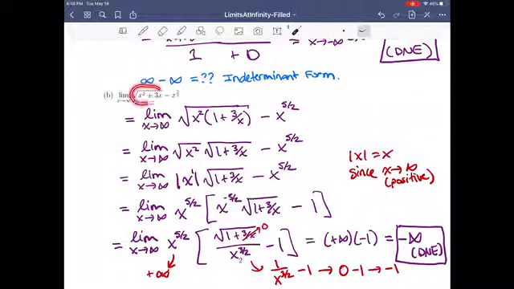The first part has the highest power of x like x to the 1, whereas the second part is x to the 5/2, so it's 2.5. In magnitude, it's bigger, so the minus infinity is much bigger than the first infinity, which is why we end up with a minus infinity at the end. Those are just a few examples of how to work with limits as x goes to plus or minus infinity.